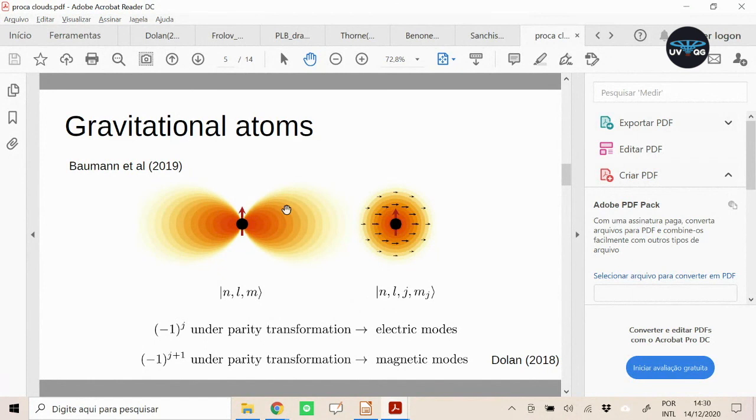So this is a condition for us to have clouds in the scalar case. But for the vector case, since now we have the total angular momentum, we can have clouds even for L equal to 0. So in this case, the fundamental cloud happens for L equals 0. So for a cloud which does not have orbital angular momentum, we still have the contribution from the spin of the vector. The spin in a black hole, right? And with Schwarzschild, the cloud would go to infinity. Yes. Okay, very good.